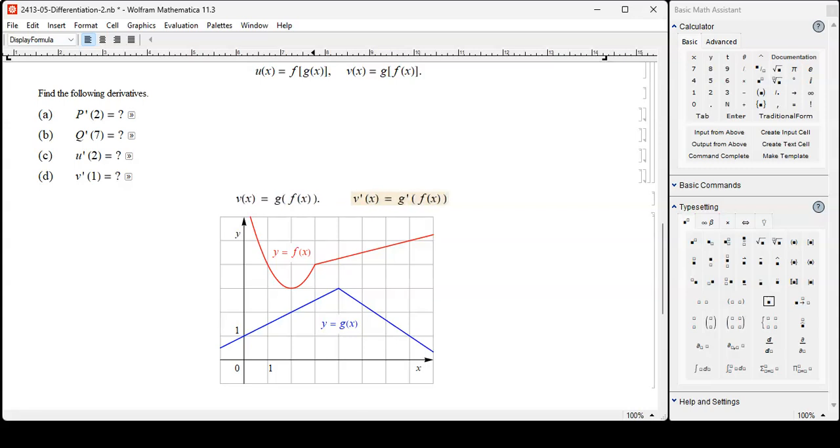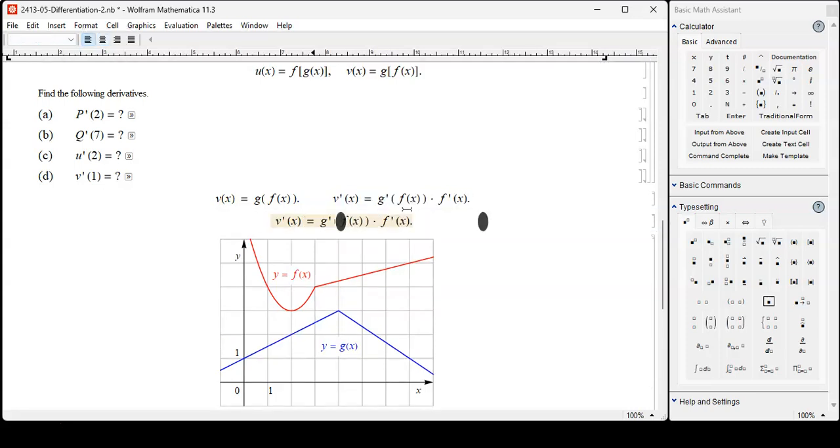Inside never changes. And then multiply the derivative of the inside function. Like a dangling chain. All good? Okay, alright. From here, we are looking for what? v prime of 1. So x equals 1. Okay, alright.